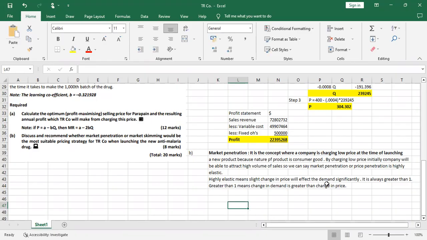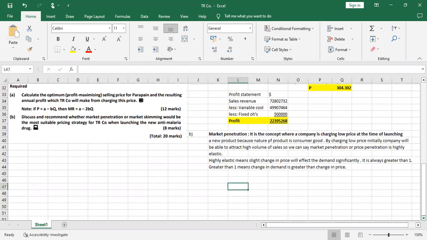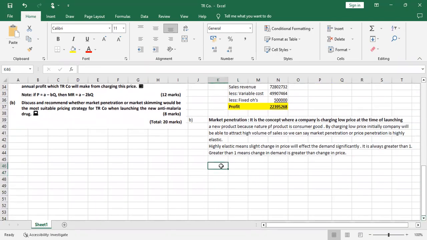Okay, now next we have market skimming. What is meant by market skimming? Market skimming is basically the approach where a company is going to charge high prices at the time of launching of their product. Market skimming is more relevant with technology products, or fashion products, or any kind of products which can face expiry or obsolescence.